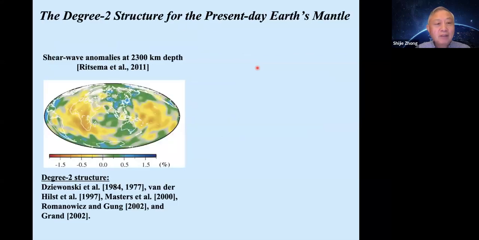Now let's look at the Earth first. We look at the Earth's mantle structure as seen from seismic tomography, which is how seismology is applied to image the Earth's interior. For this particular slice, what we see is a seismic shear wave anomaly in the lower mantle at about 2,300 kilometer depth. What you see here is what we often call the degree 2 structure.